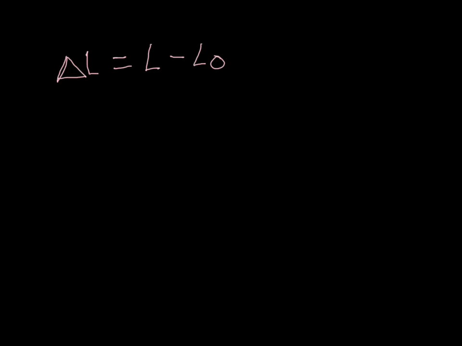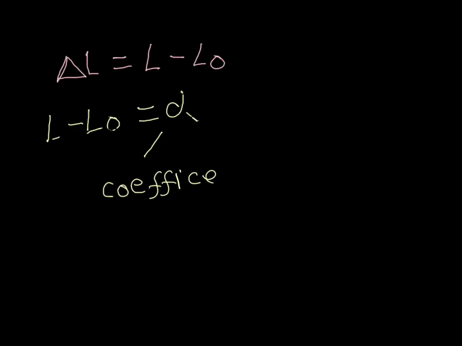So if we write our equation again, final minus initial equals alpha. This alpha is just a constant, and it's called the coefficient of expansion.